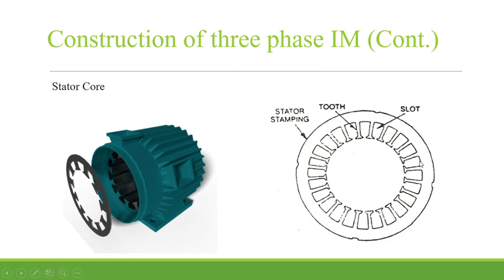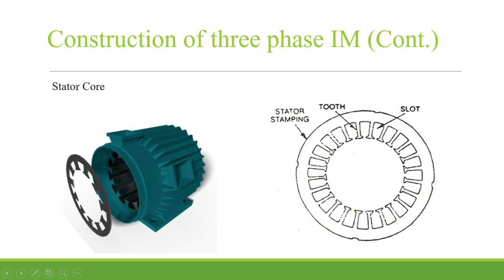So this stator core is made up of stampings. Stampings are just laminations, means this is not made solid, this is made into laminations and stacked up together. We know why this is made with laminations, in order to reduce the eddy current loss.